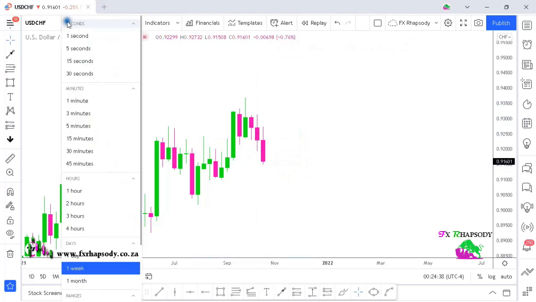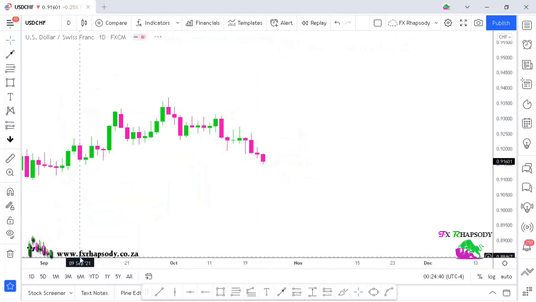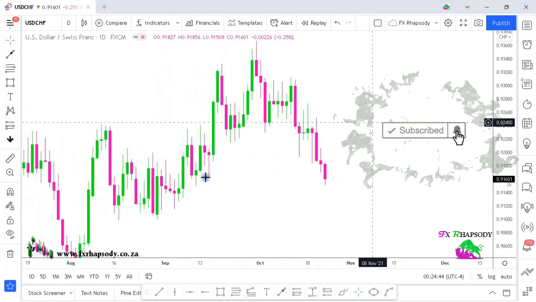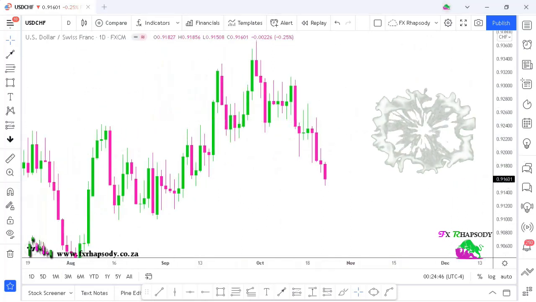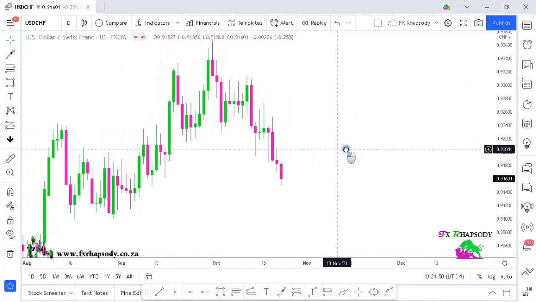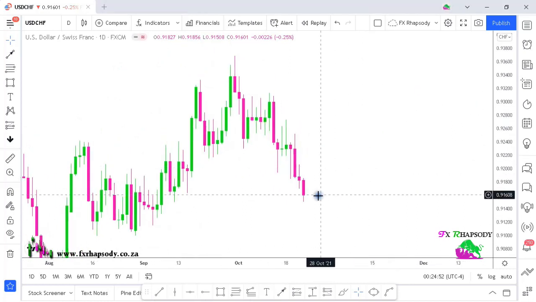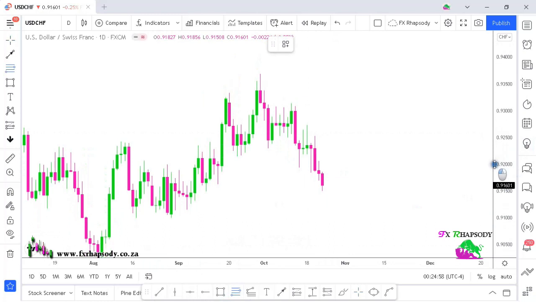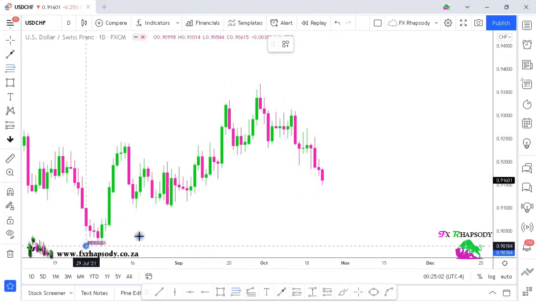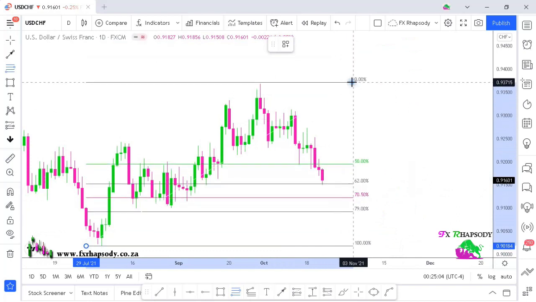I'm just drilling down to the daily, but you can drill down further to the hourly, and even if you want to scalp it, to the lower time frames. So basically, like we've seen now, let's draw our Fibonacci. Let's take it from here. There we go. That's basically where we took it from, just to get that 62% right there.